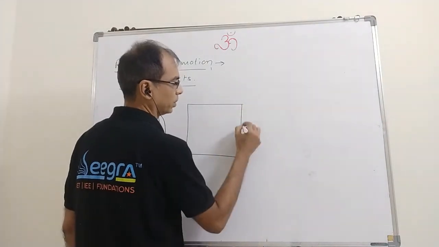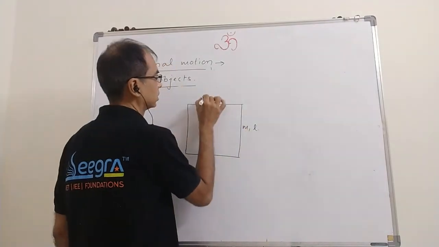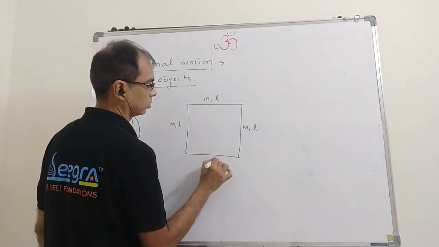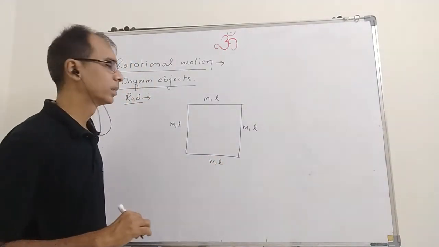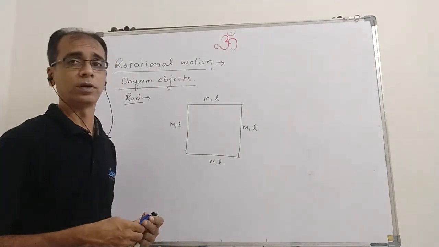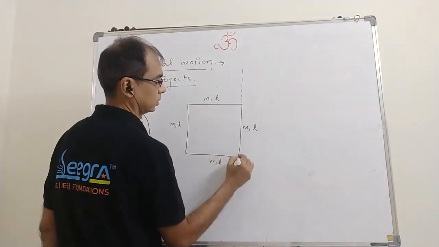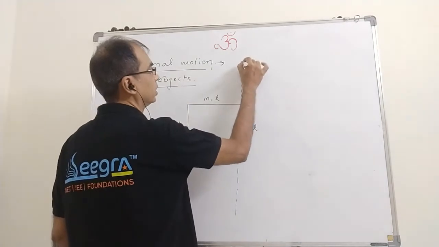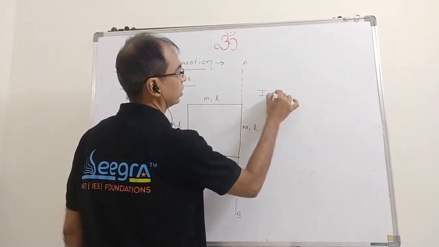Each one is a rod of mass m and length L. This is also mass m, length L. This is also mass m, length L. This is also mass m, length L. Now I say that we have to find the moment of inertia about one of the rods. Let's say about this, call it E. We have to find the moment of inertia about E.